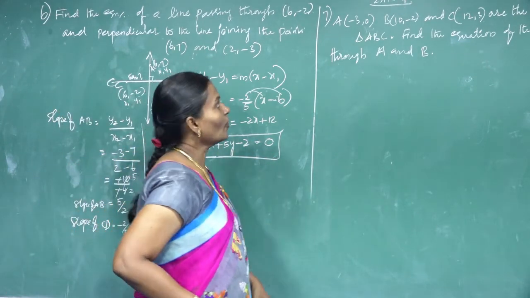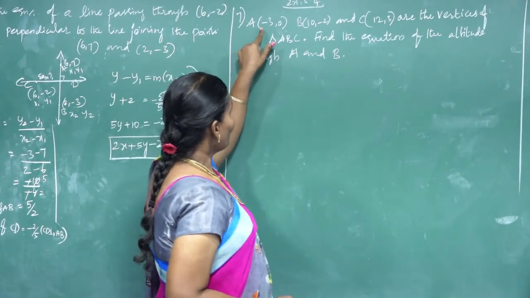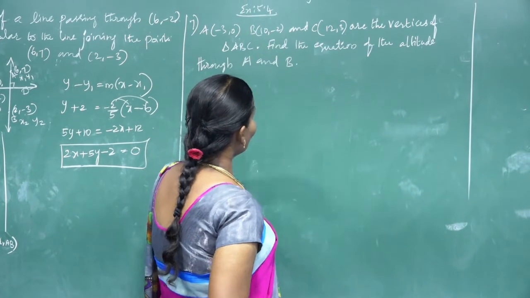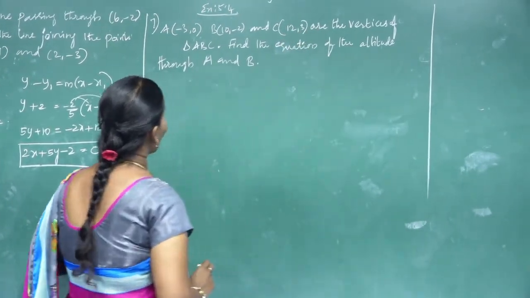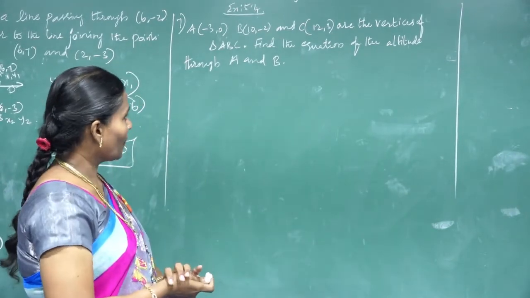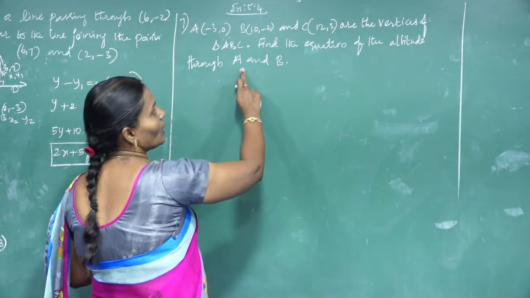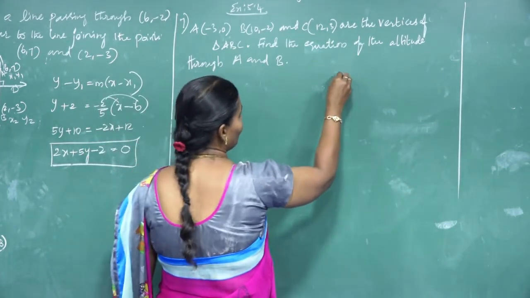Understand, children? Good. Now we see the 7th one. A(-3, 0), B(10, -2) and C(12, 3) are the vertices of triangle ABC. Find the equation of the altitude through A and B. First you draw the triangle.